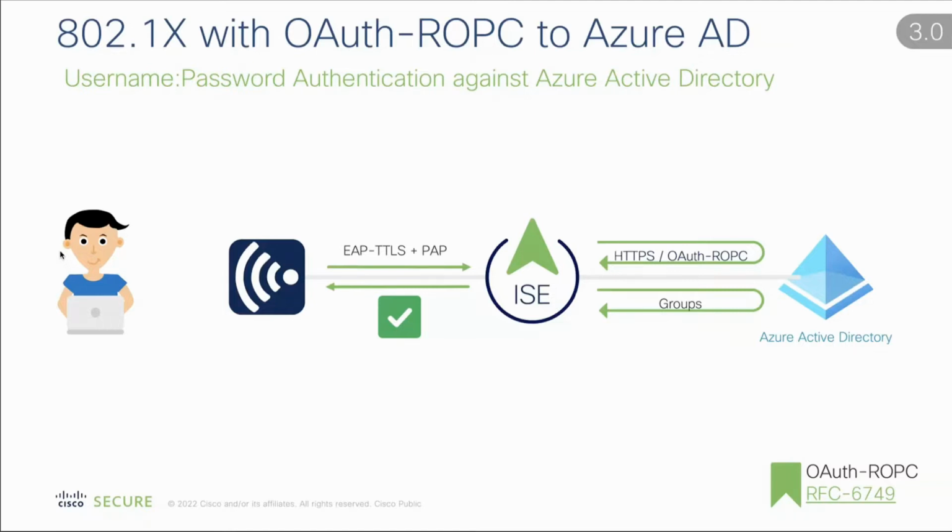When we're talking about ISE doing OAuth-ROPC for network access, this is our managed corporate device with a provisioned supplicant with certificates talking to our ISE network access control server to authenticate our users and determine if they are allowed to access our corporate network or not.